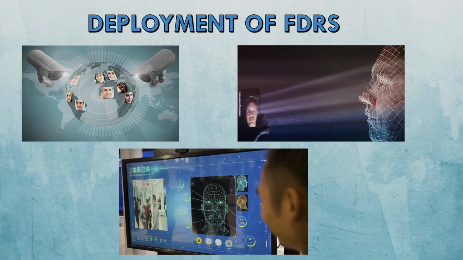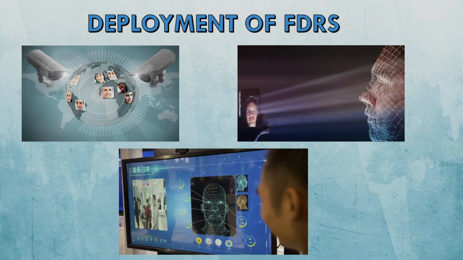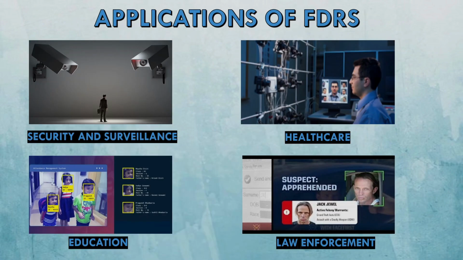In another photo we can see face detection in a phone, which is used for attendance systems in present days. And in the third one we can see face detection for the health sector or for a company. Through face detection at the entrance gate, the company records the attendance of the respective employee.